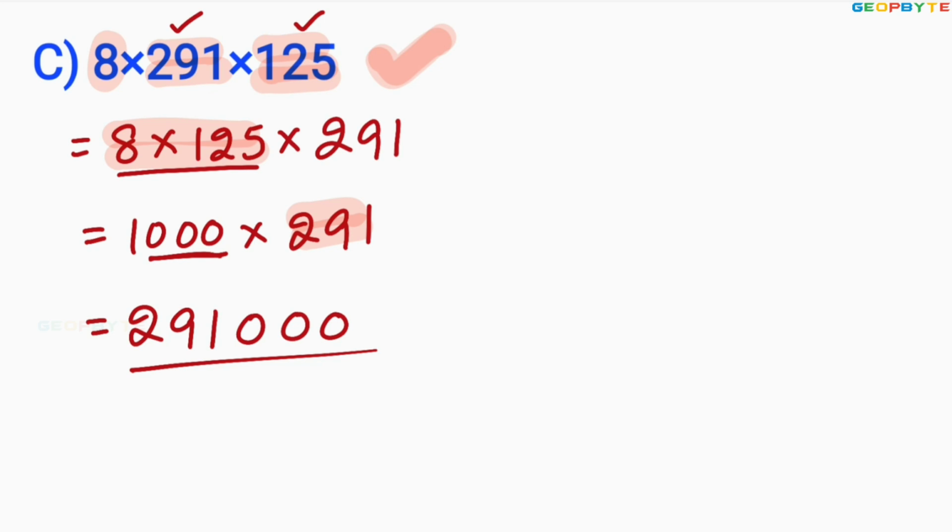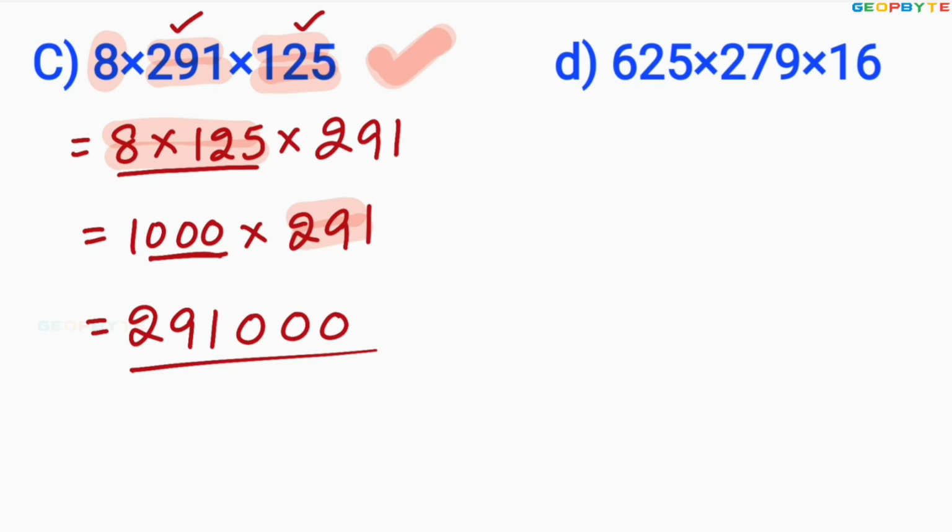Similarly, bit D is, look at the bit D, 625 multiplied by 279 multiplied by 16. I am going to write like this. You can rearrange it.